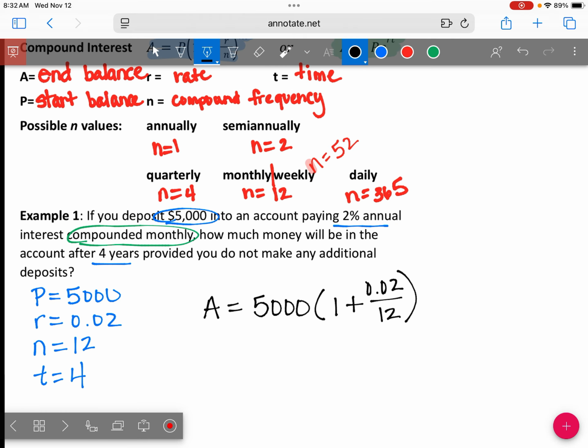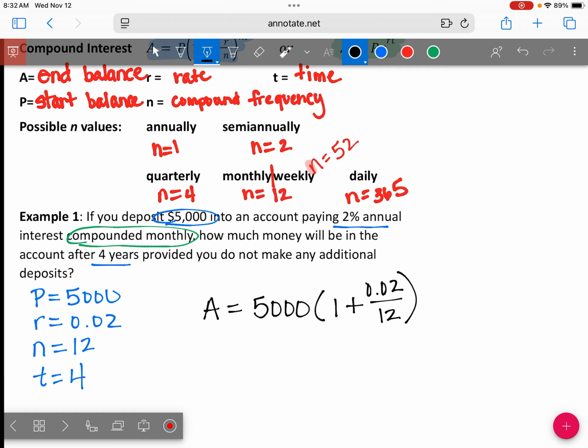All right, that's raised to the power of n times t, which is 12 times 4. So go ahead, take a moment. And now we're talking about money, right? So when we talk about money, how many decimals do we use? 2. Everything is to the hundredths place when we talk about money.